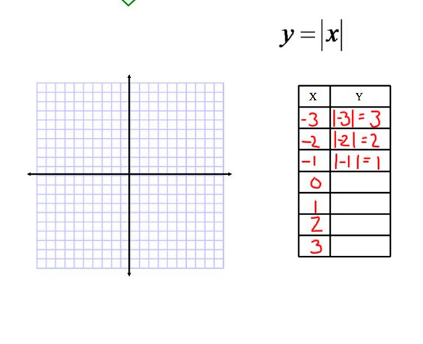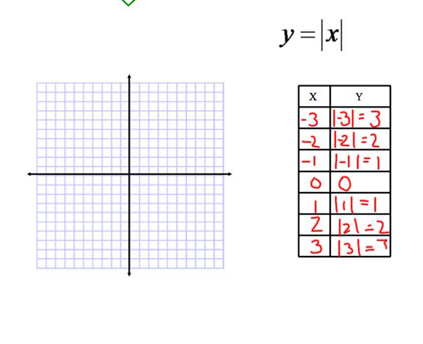When it's 0, the absolute value of 0 is just going to be 0 because you're right at 0 already. The distance between 1 and 0 is going to be a positive 1. The distance between 2 and 0 is a positive 2. And the distance between 3 and 0 is a positive 3.